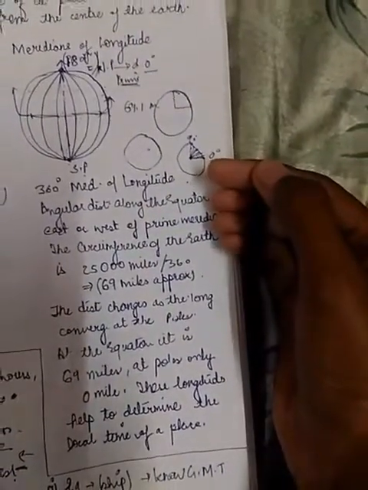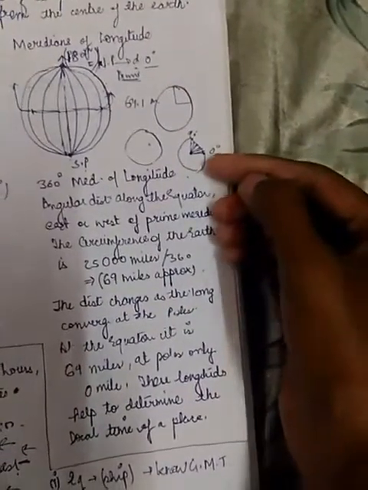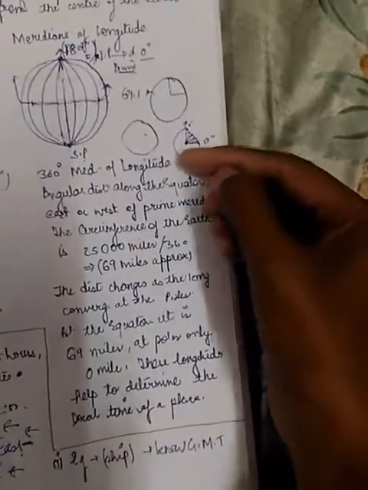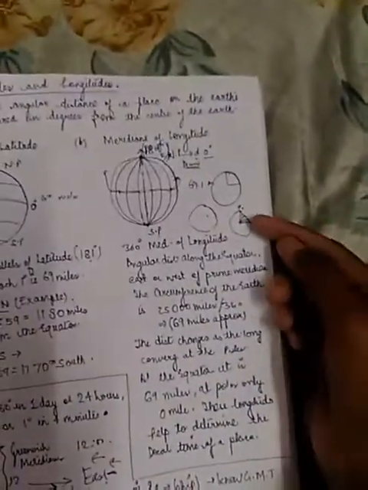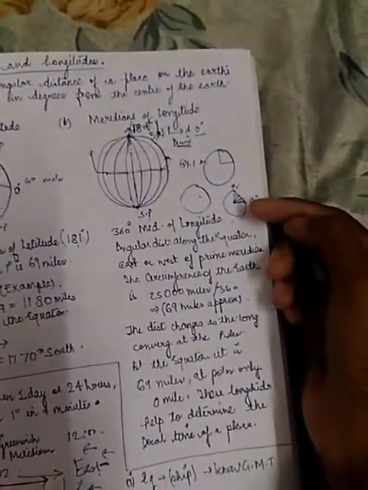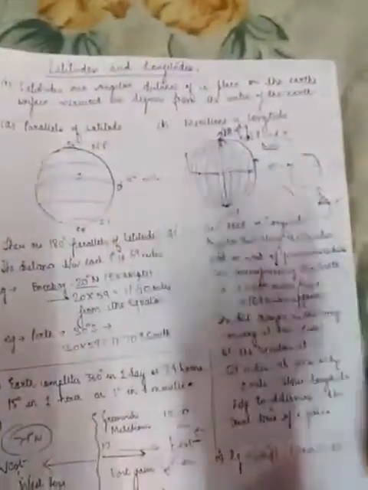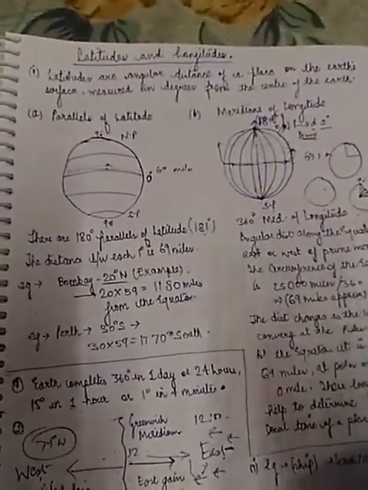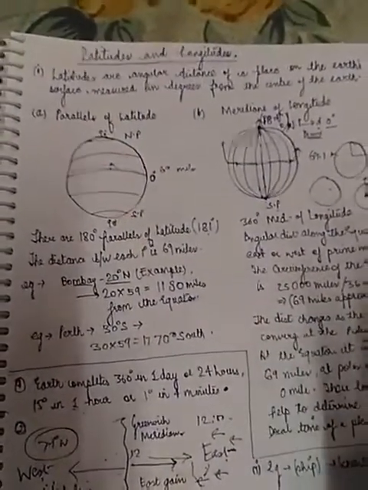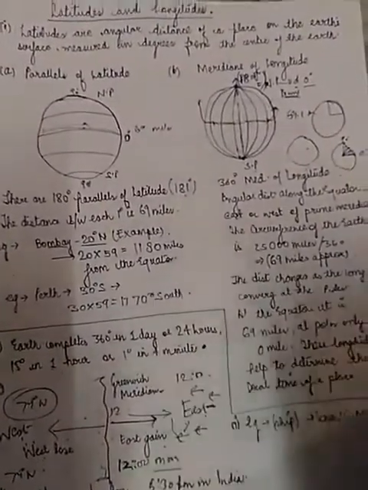It can be divided into 90 degrees, right from the center till the outer part: 0 degree, 1, 2, 3, up to 90 degrees. And when these points on the surface of the earth are drawn like this, what do we call them? We call them latitudes. They are called latitudes because they help us to locate the exact location of a place on the surface of earth.